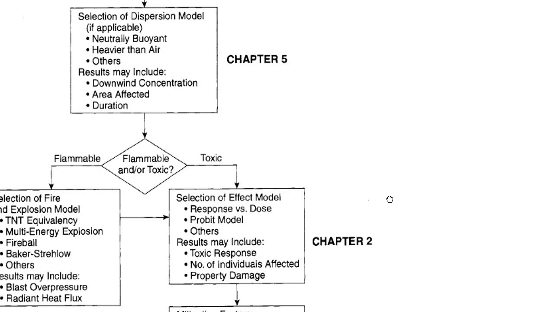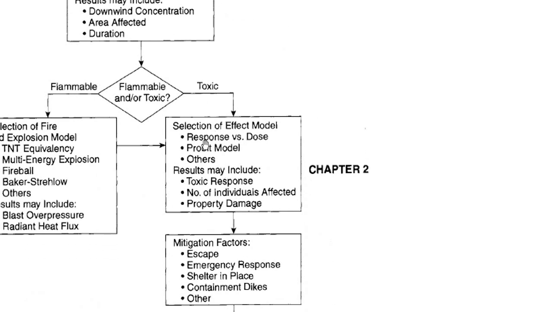Just to have a look at what we have here: what we took in chapter 2 and chapter 3 is, for example, calculating through the responses and through the probit model the number of deaths or number of people who are getting affected by something hazardous or toxic to their ears, their nose, their lungs, or causing hemorrhage, or something that could happen to their eardrums.